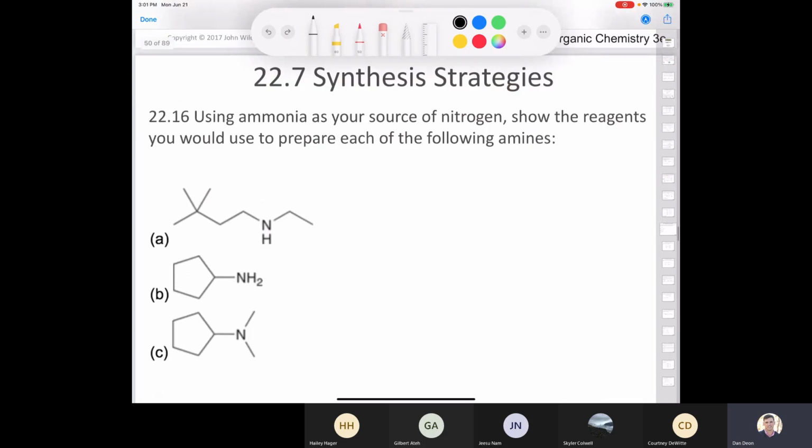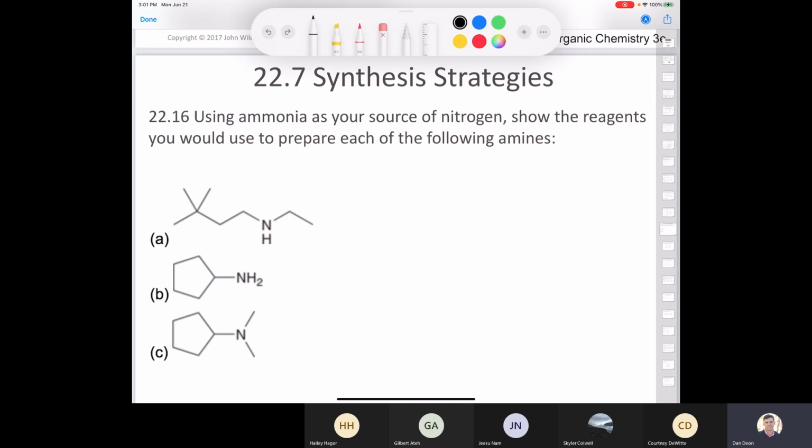With that in mind, I want to take a quick peek at this question. I don't do a lot of these questions in our book where he only gives you one possibility of a starting material, but he likes these kinds of questions. It says, using only ammonia as the only place you can get nitrogen, show how you would prepare each of the following amines. I guess the easiest way would be to start with a reductive amination.